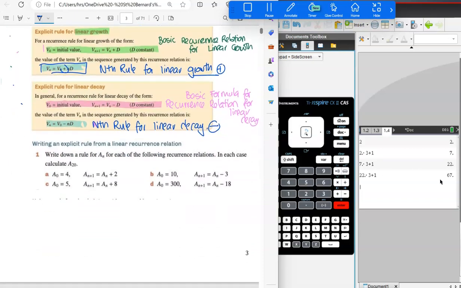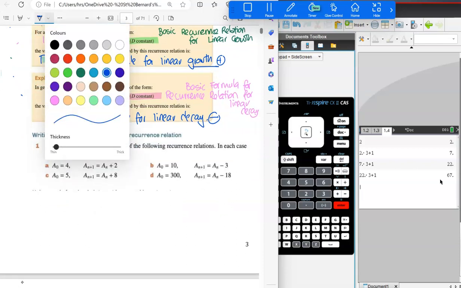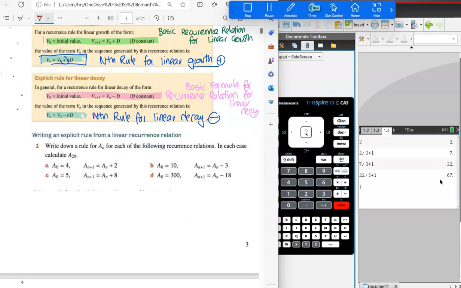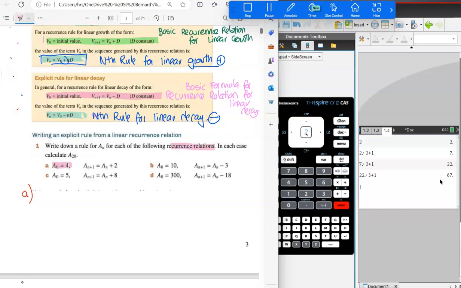So I think I've popped in the first question of your chapter. So I'll do it with you to practice. They want me to write down a rule for AN for each of the following recurrence relations. I can see that this is a recurrence relation because it's got an A0 and an AN plus 1 rule.